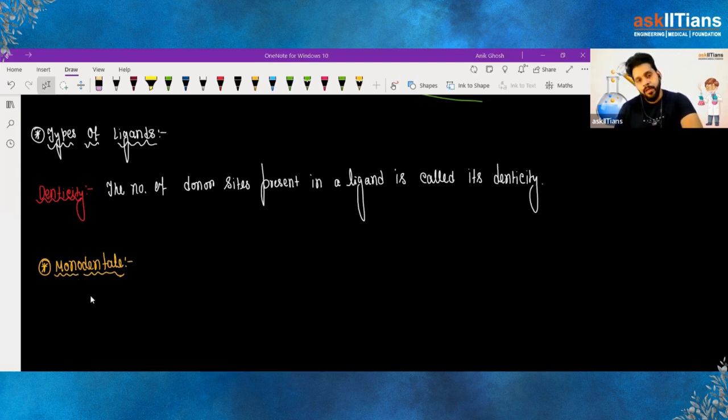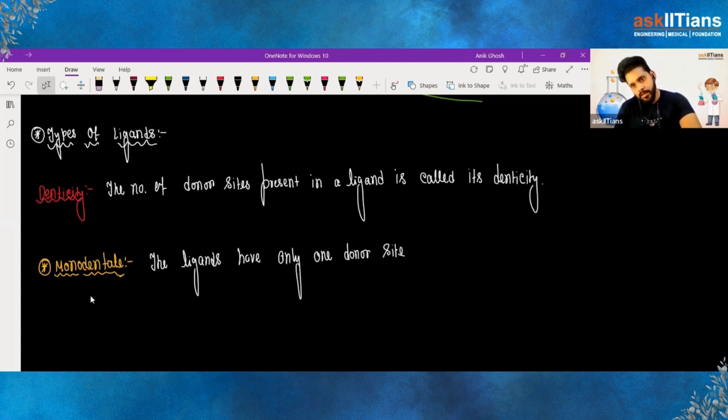Monodentate. Here the ligands have only one donor site. That's why we call it a monodentate.